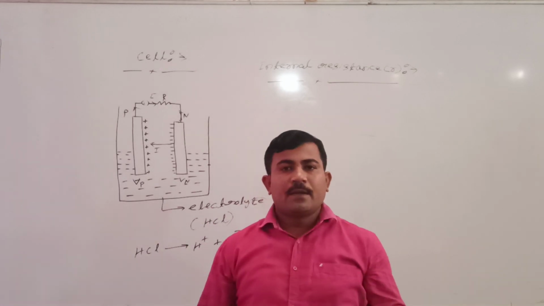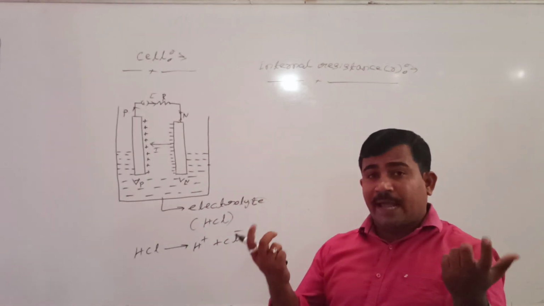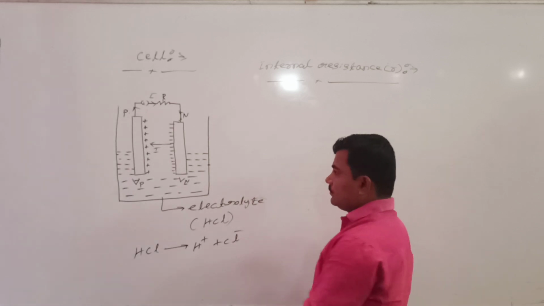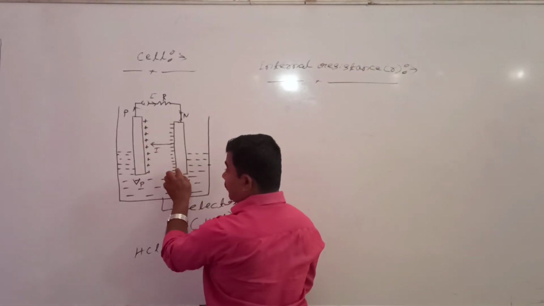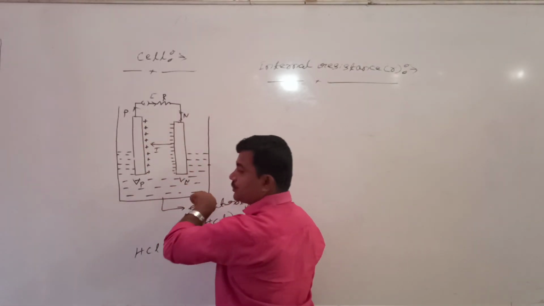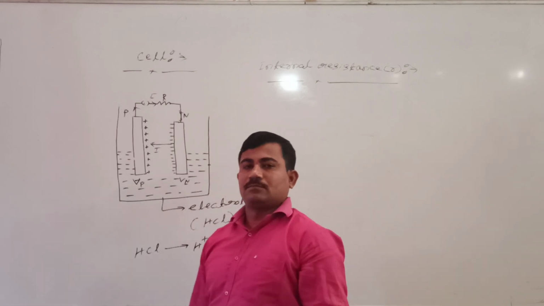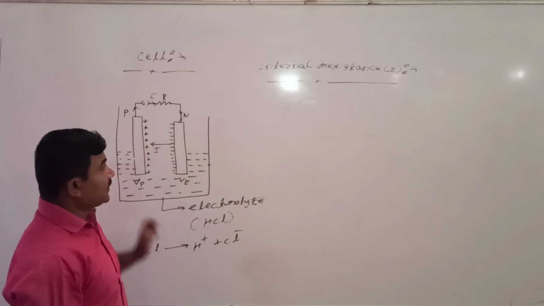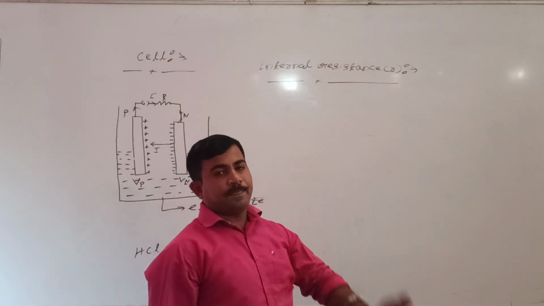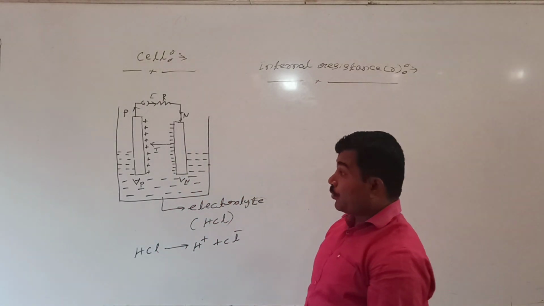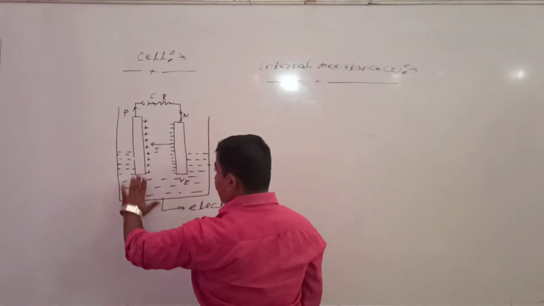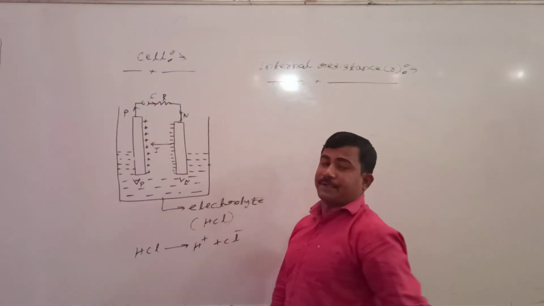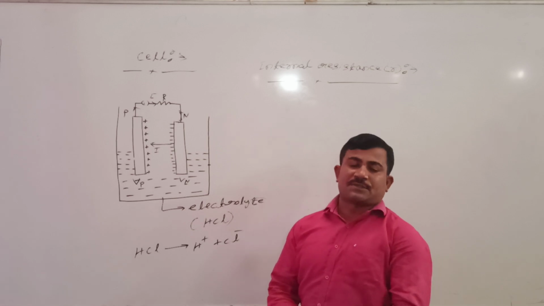Here, internal resistance develops due to the opposition offered by the electrodes and the opposition offered by the electrolytic solution. The opposition offered by the electrolytic solution and electrodes to the flow of current, that we call internal resistance.